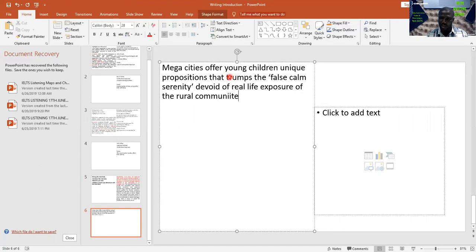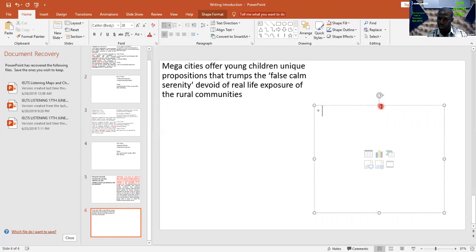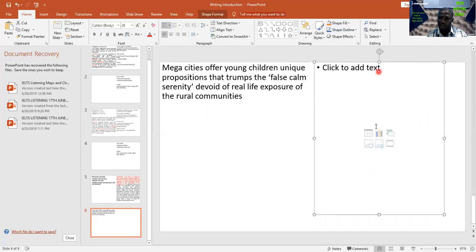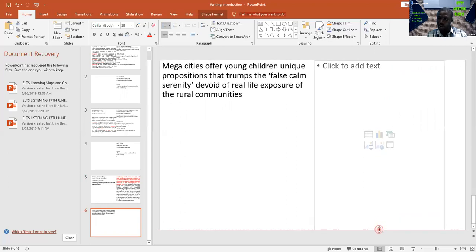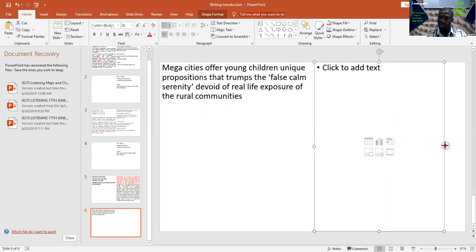Okay, let me see if my composition looks right. I say mega cities offer young children a unique proposition that trumps the false calm serenity devoid of real life exposure of the rural communities. I am just knocking off what I have taken one paragraph to build. I said those serenity are not real life. Yes, that's what I'm trying to say.